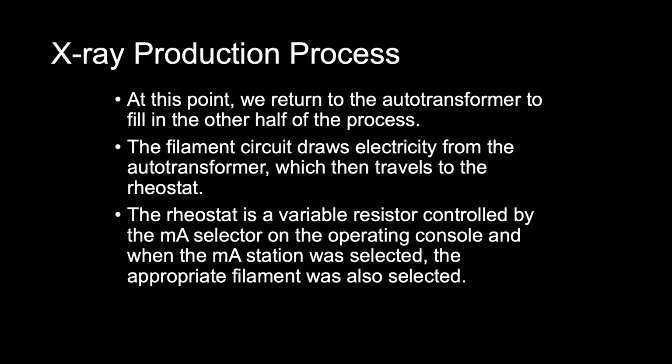When the mA station is selected, the appropriate filament is also selected. So we would select small for small mA stations and large for large mA stations. The selected mA station sets the resistance in the filament circuit by the mA selector on the operating console, and it's tied into the small and large focal spots.